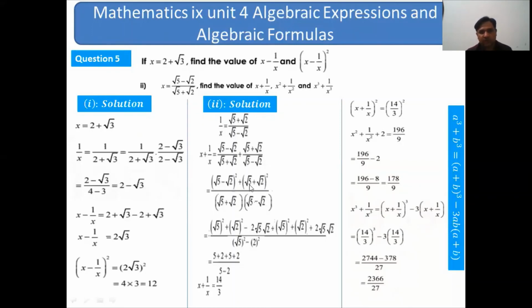We use the formula a plus b whole square, a is square root of 5 and b is square root of 2. So a square plus b square plus 2ab. Now this is negative, minus 2 square root of 5 square root of 2, so this value cancels out with this one. So this is negative, this is positive.